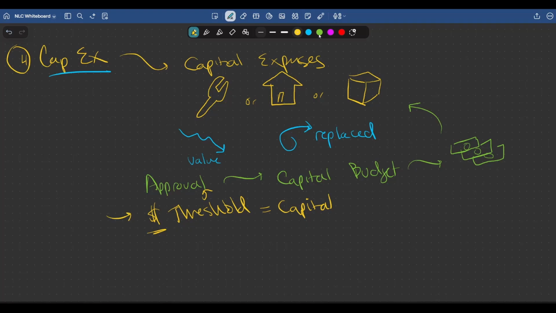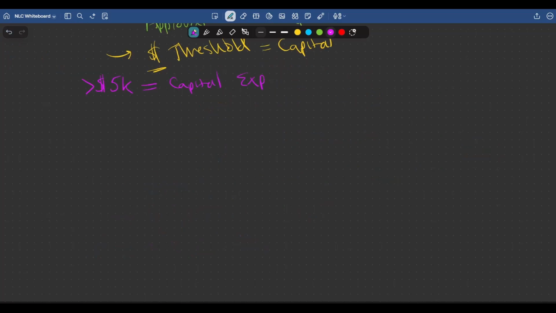So here's an example. Let's say your organization says anything greater than $5,000 is a capital expense. But then you also spend, let's say, $15K on a travel nurse contract.